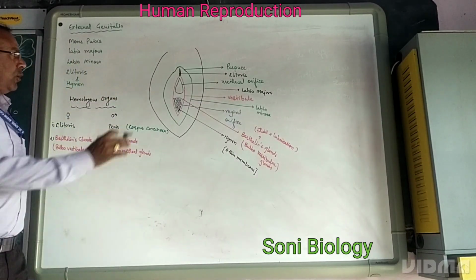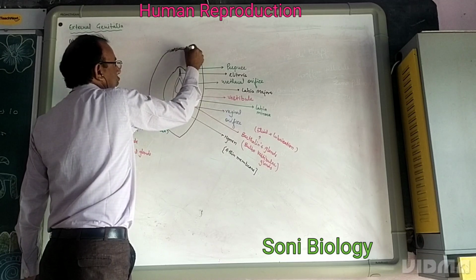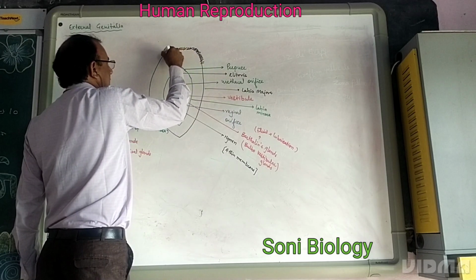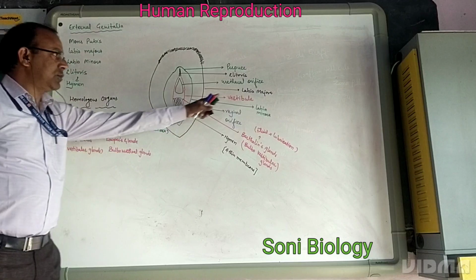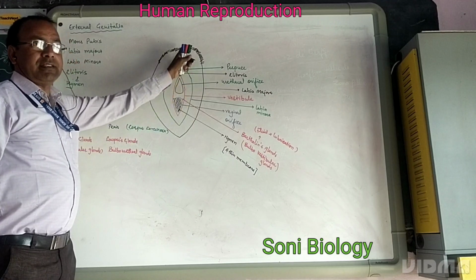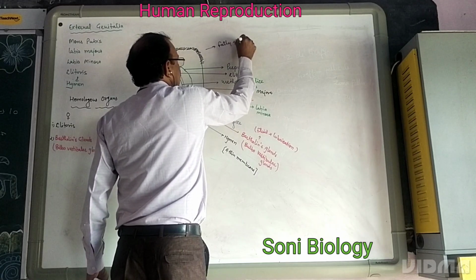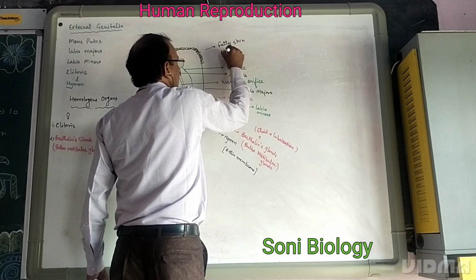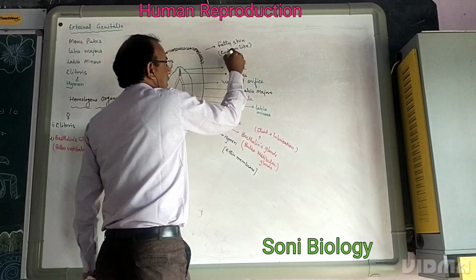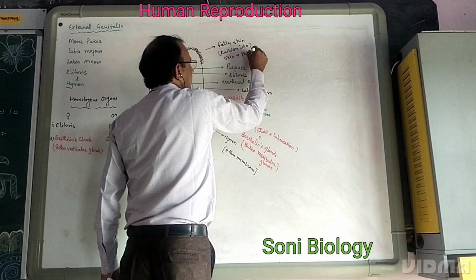At its upper side, labia majora is formed of fatty cushion-like structure which is covered with skin as well as hairs, and those hairs are called pubic hairs.